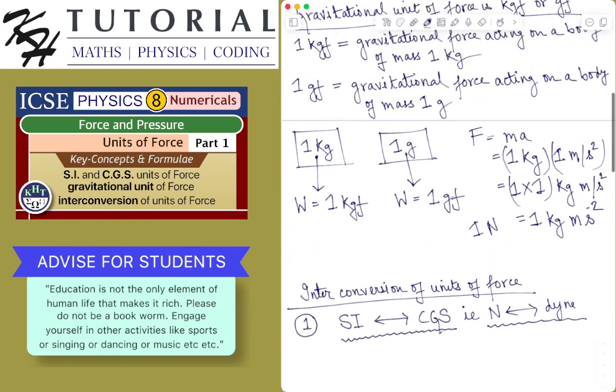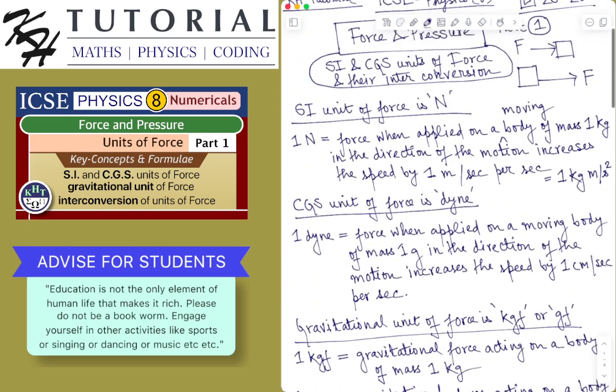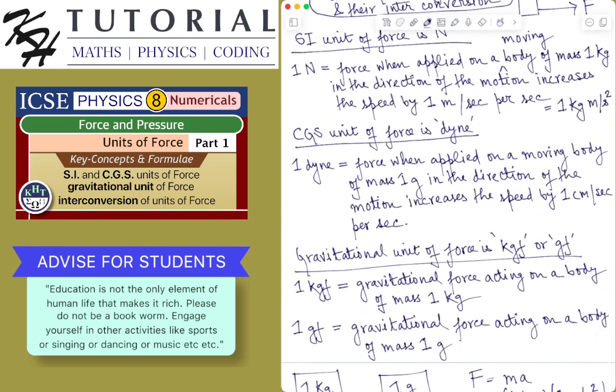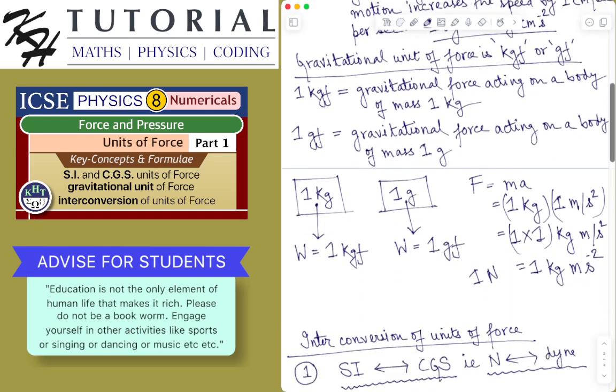Again, what is 1 dyne? 1 dyne is equal to 1 gram centimeter per second square, and 1 Newton is equal to 1 kilogram meter per second square.